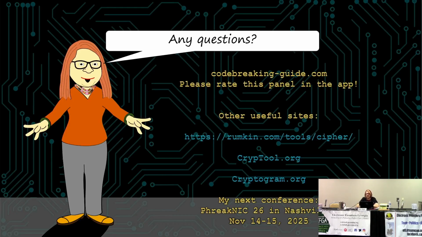So with a monoalphabetic substitution, it's symmetric. An A will go to a G and a G will go to an A. With modern systems, they have asymmetric systems where I have a key, you have a key, and we need a different key in order to decrypt it.